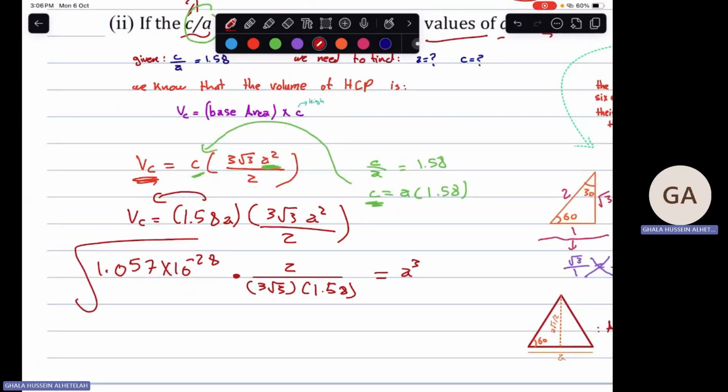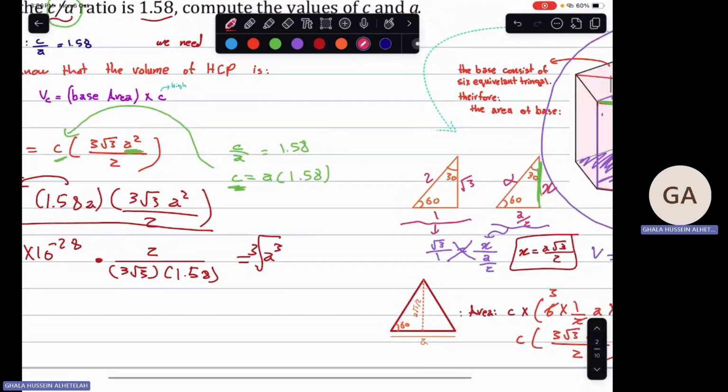And just take the cube root of both sides, and you will find the value for a, which is going to be a equal to 2.95 × 10 to the power minus 10. طبعا الوحدة بالمتر لأن الفوليوم أساسا بالمتر. Okay.